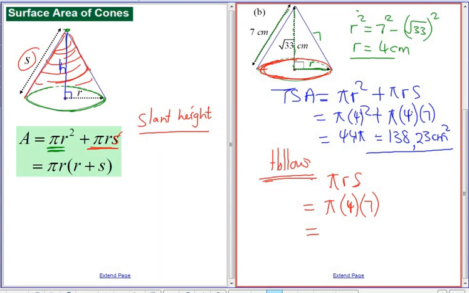So it's a 28 here, right? 4 times 7. So 28 pi will be some 87.96. Okay, I'm saying if you were told it was a hollow shape, this is what you are going to do. So those are the pyramids we are interested in at this level.